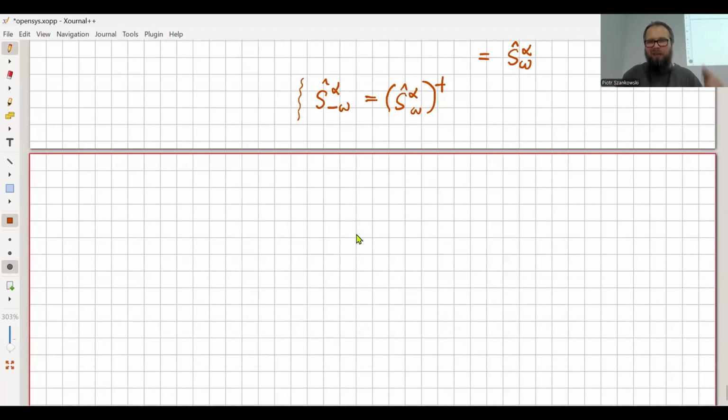And now we start deploying it. So first use S_alpha(omega) in the operator lambda. So we will deploy it inside lambda.